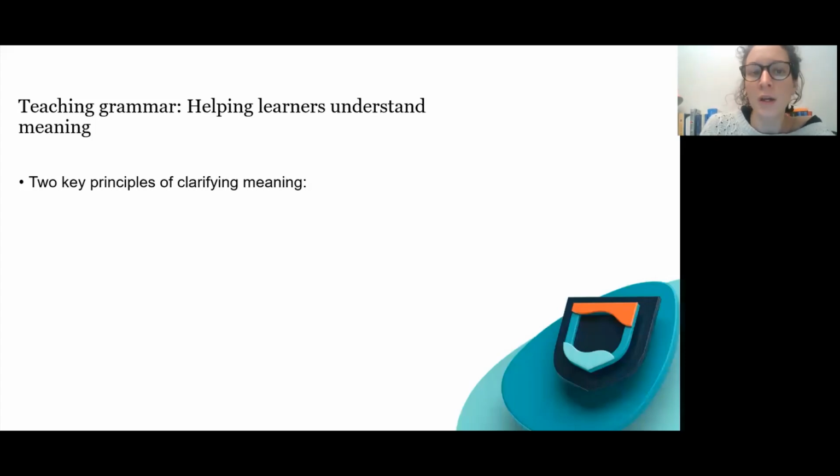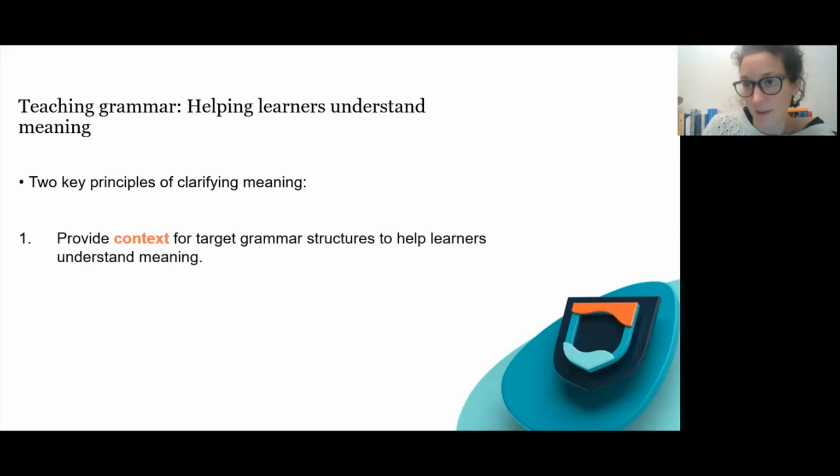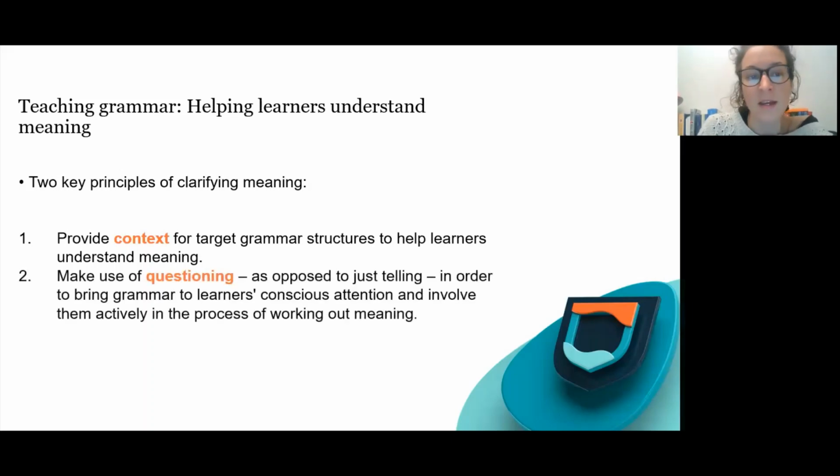And there are 2 principles of understanding meaning. First, we provide context for target grammar structures to help learners understand meaning. And second, make use of questioning rather than just telling, rather than just providing the table, the formula, the reference.